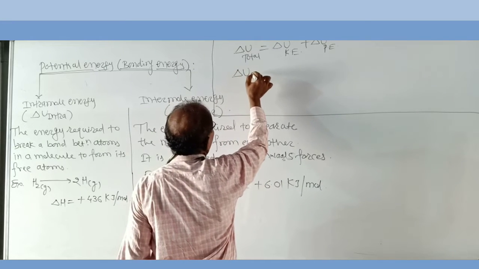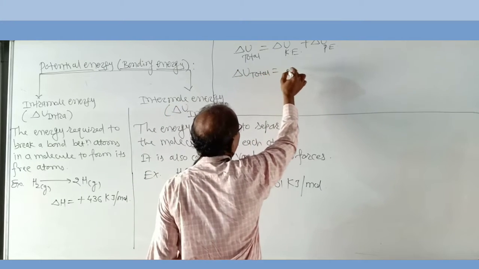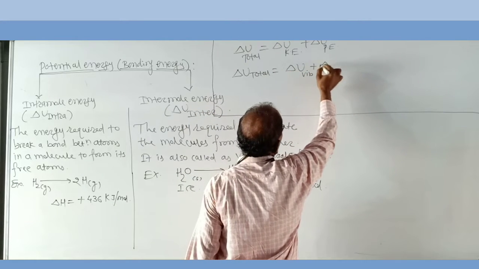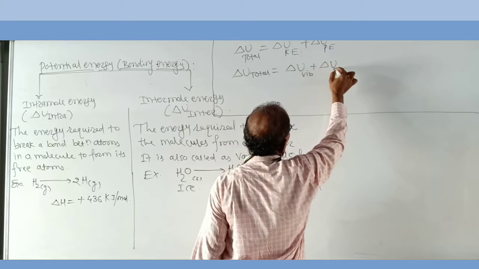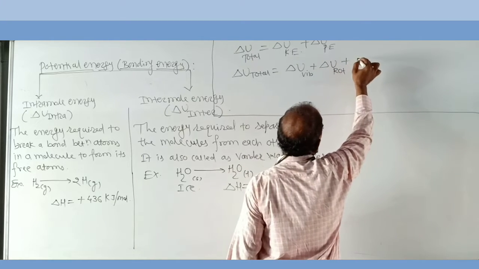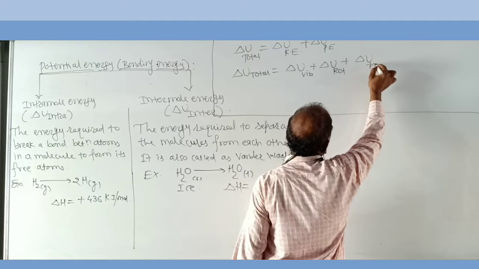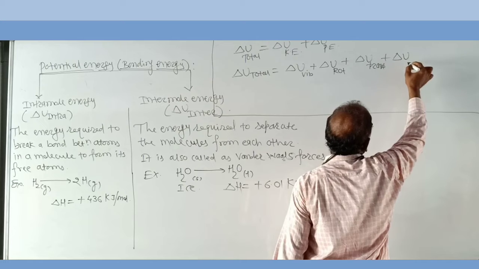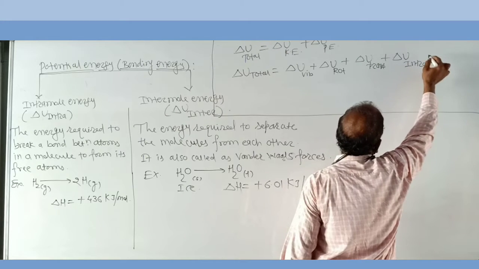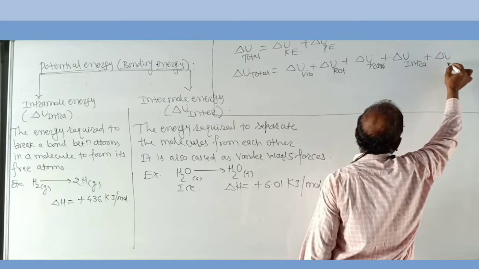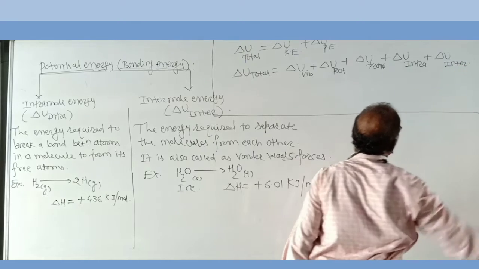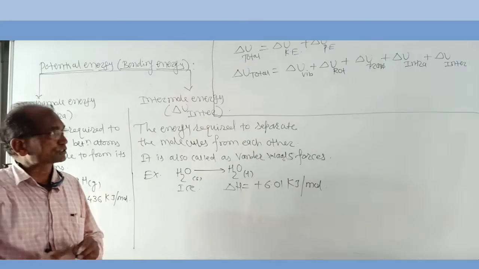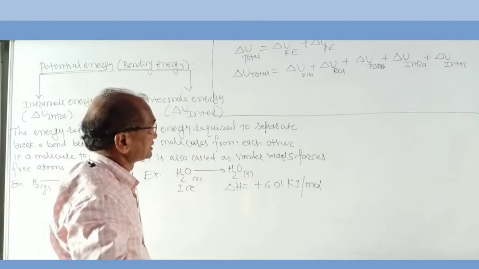Here again, delta U total is equal to delta U vibrational plus delta U rotational plus delta U translational plus delta U intra plus delta U inter. This is the internal energy and the sources of internal energy.